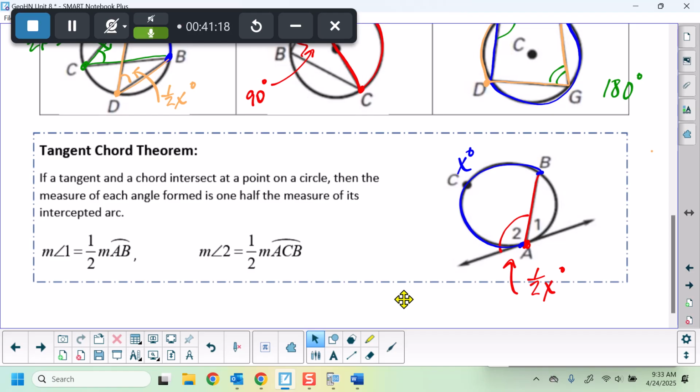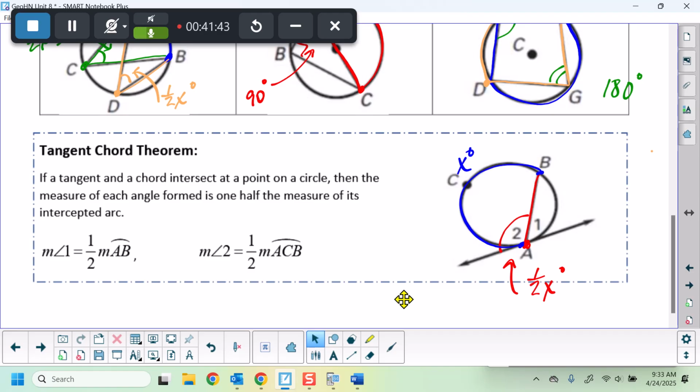If you page back through the packet, the quality of your work is directly proportional to the quality of your learning. If you've been doing the homework, if you've been thinking about the content, if you've been processing it, if you've been doing the Delta Math, then you're feeling pretty good about this.